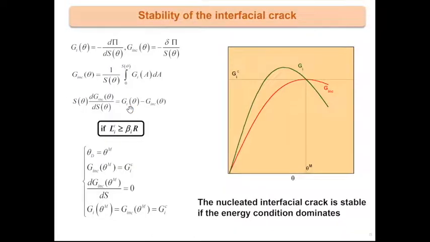So now, just a few words about stability. You would like to know if the crack, once initiated, is stable or not. In this case, it is a simple problem of propagation, so you can use the Griffith criterion.